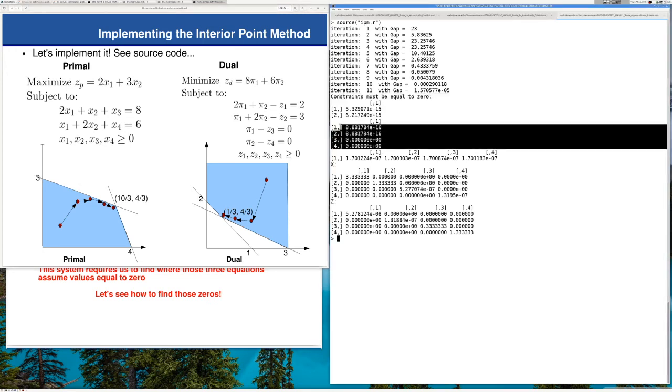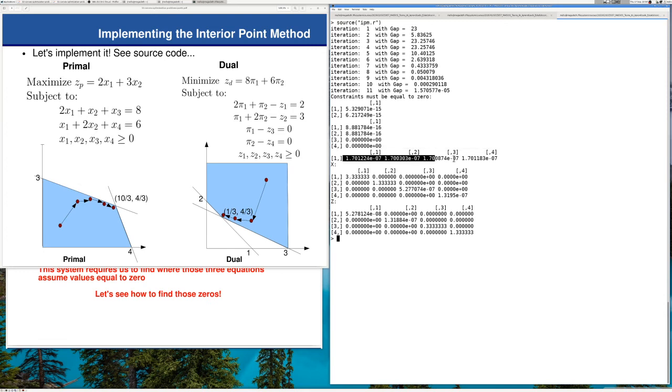And here, really close to 0 for the first 2 constraints, and the other 2 here really 0. Those were the complementary slackness: 0, 0, almost 0 for all four.